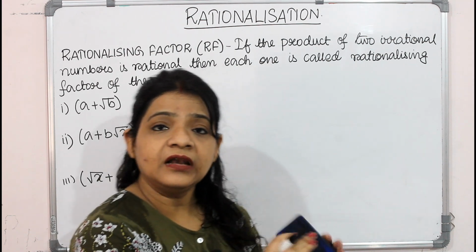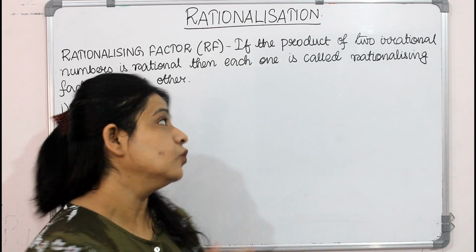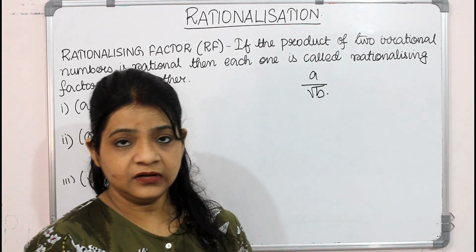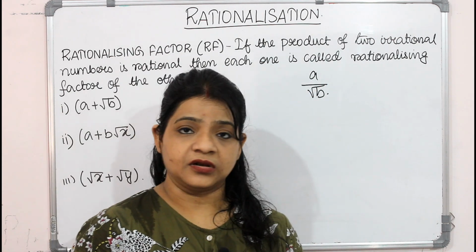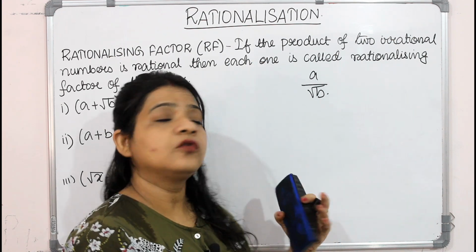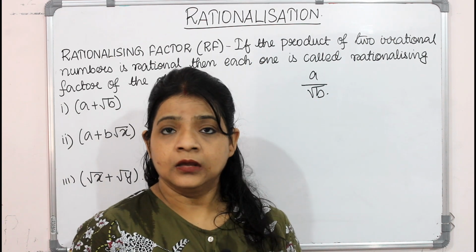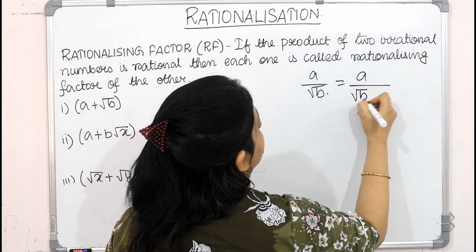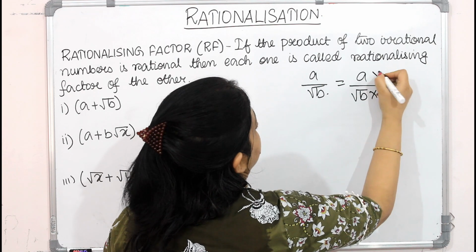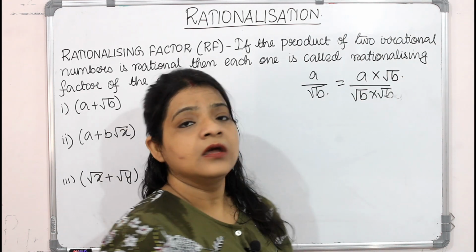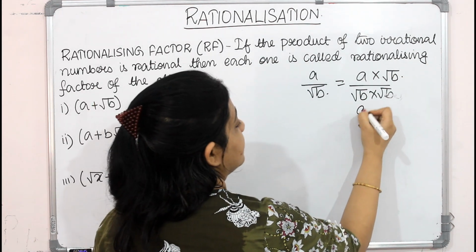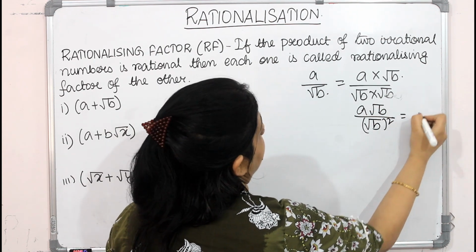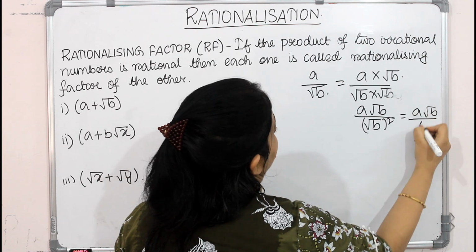Till now, whatever I have explained is that a by root b, suppose a number is given where root b is an irrational number. So you are to rationalize root b. You multiply root b by root b, and you multiply the numerator by root b as well. So you are getting a root b by root b whole square, that is a root b by b.